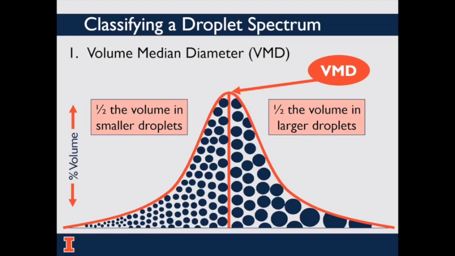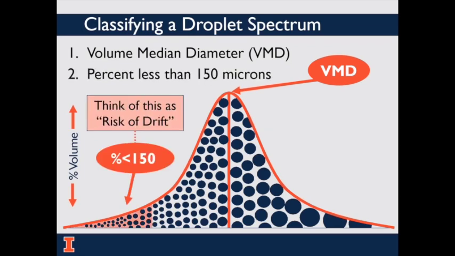For example, if 1 gallon of spray was put through a nozzle that claimed to have a VMD of 425 microns, half that gallon would come out in droplets smaller than 425 microns, and the other half gallon would come out in droplets larger than 425 microns. Nozzles are often compared by VMD when assessing the need for spray coverage.